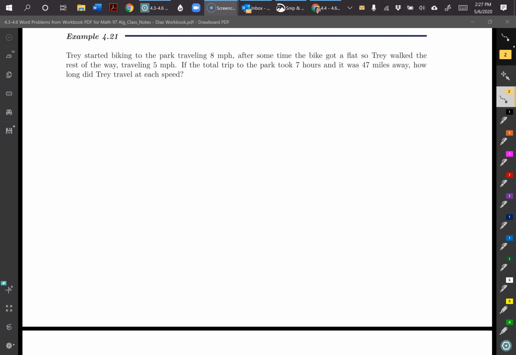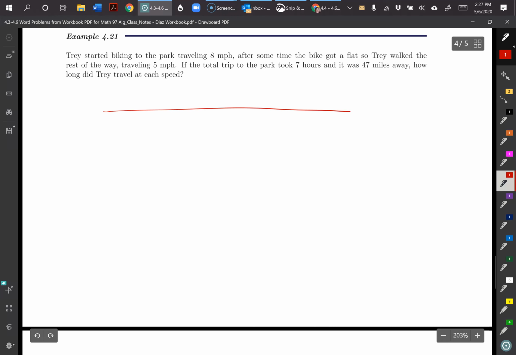So I'm going to draw a little picture here. We have our bike path. Here's the little bike. Oops, that's a little long. Okay, let's fix that. There's a bike and little handlebars. Okay, and he's on the bike right now, right?